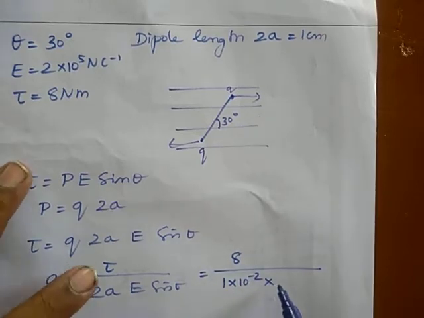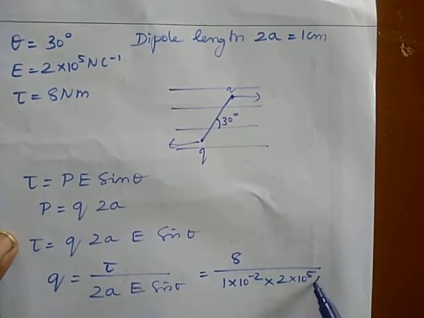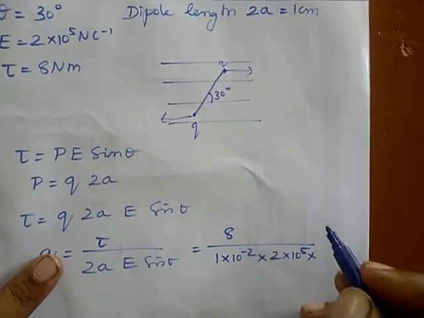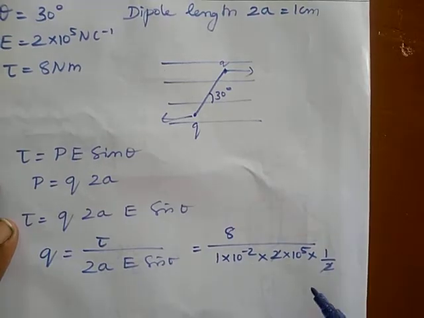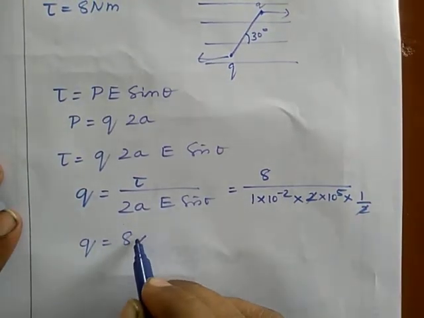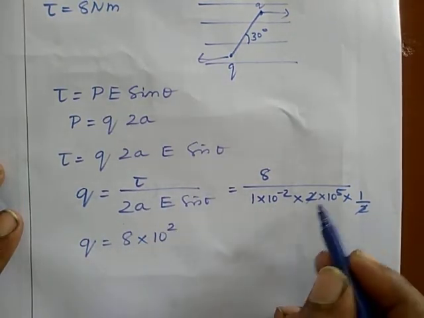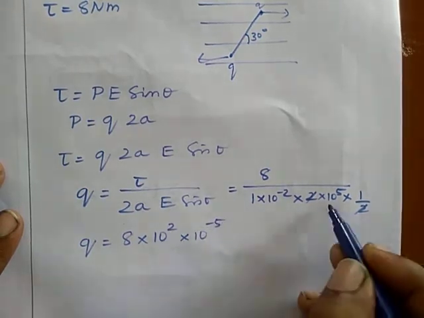Then the electric field is 2 into 10 power 5. Then sin 30 is 1 by 2. Here we put 1 by 2, then the 2 cancels. After solving this, we get Q is equal to 8 into 10 power minus 2, which becomes 10 power 2, minus 5 becomes 10 power plus 5, so it becomes minus 5.